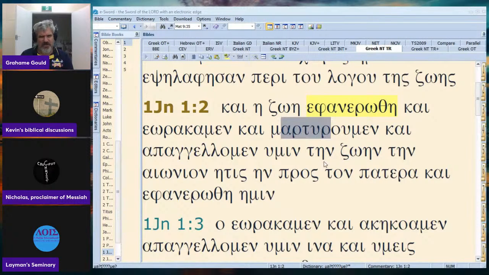So it's where we get our word martyr there, and martyr for us means someone who has been killed for the faith, but originally the word meant a witness, someone who was testifying of what they had seen, basically. And that's how John is using it here.